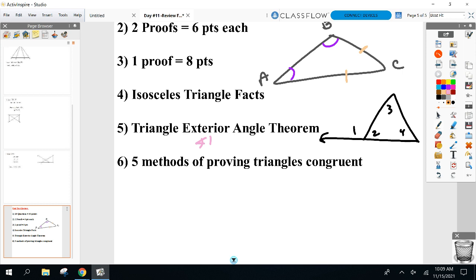Angle 3 and 4, what are they called? Remote interior angles. An exterior angle, number 1, is equal to the sum of the 2 remote interior angles.